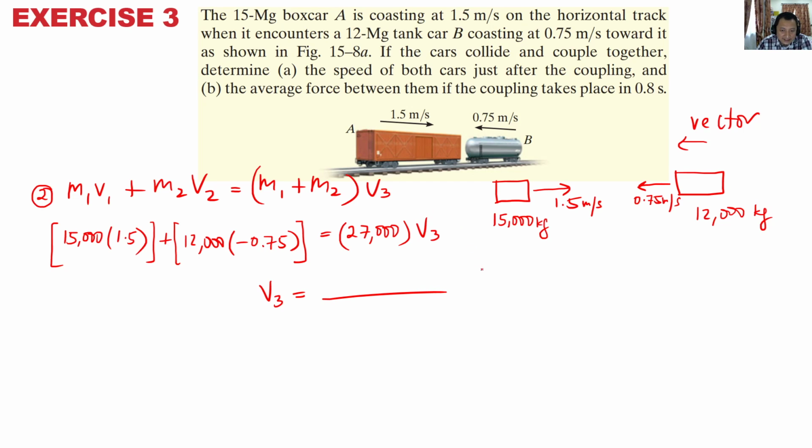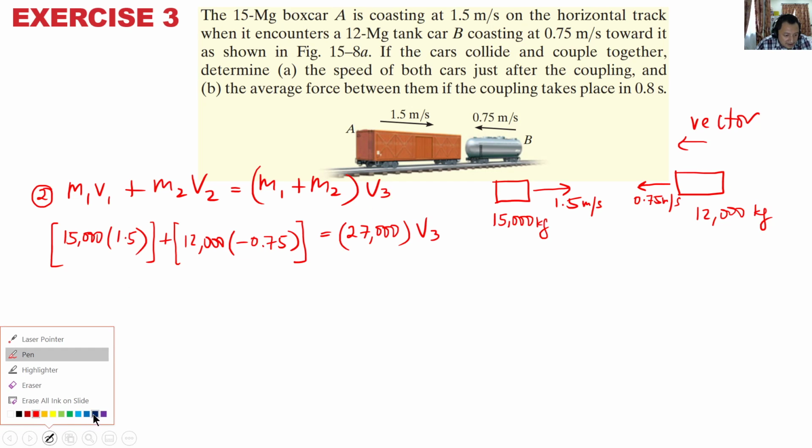let's solve this step by step. Since everything is in thousands, I can cancel the 1,000 off.